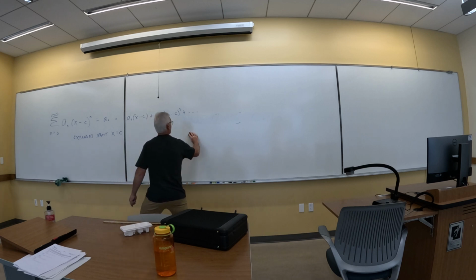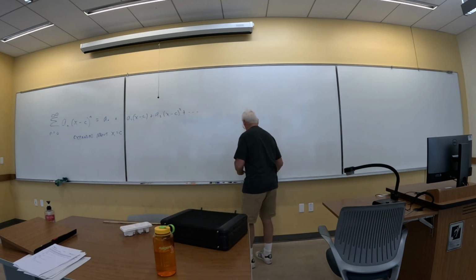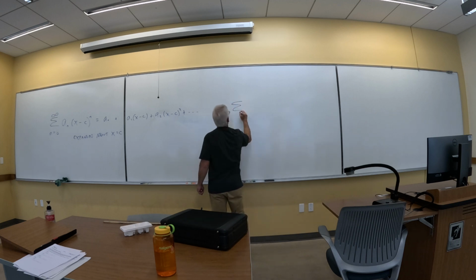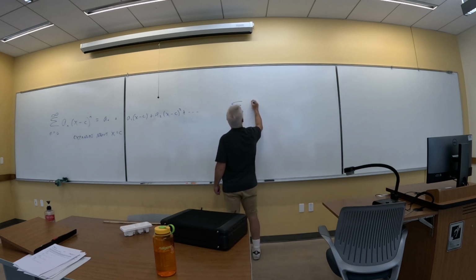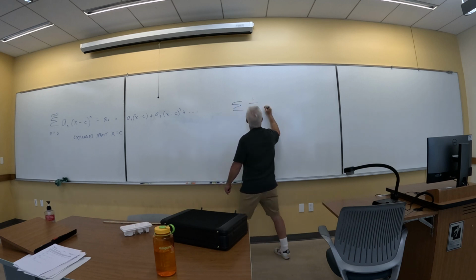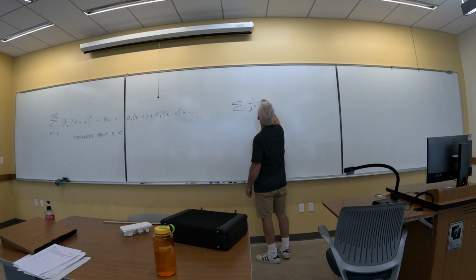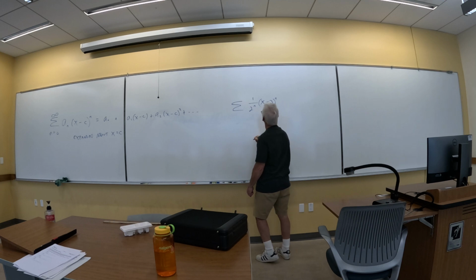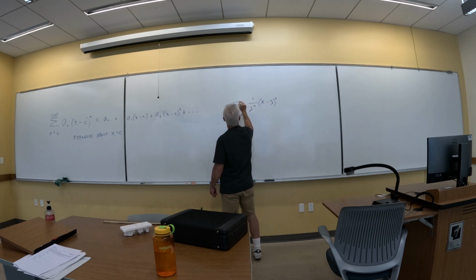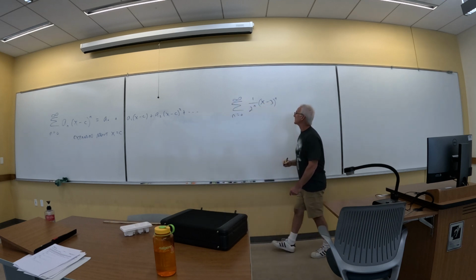So let's start with something fairly simple. Let's say we've got 1 over 2 to the n, and we're going to do (x minus 3) to the nth power, n equals 0 to infinity.